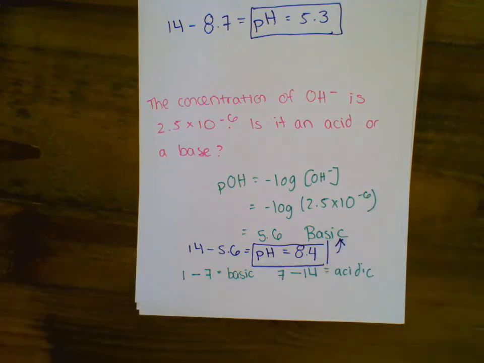Like I said at the beginning of this, today is our easiest of the 3 days of calculation. All you have to keep in mind is that it's 14 minus whatever you have to get the other one. So in your practice today, I'm going to ask you to either calculate a pH from an H+ concentration or a pOH from an OH minus concentration, and then to give me the opposite one.